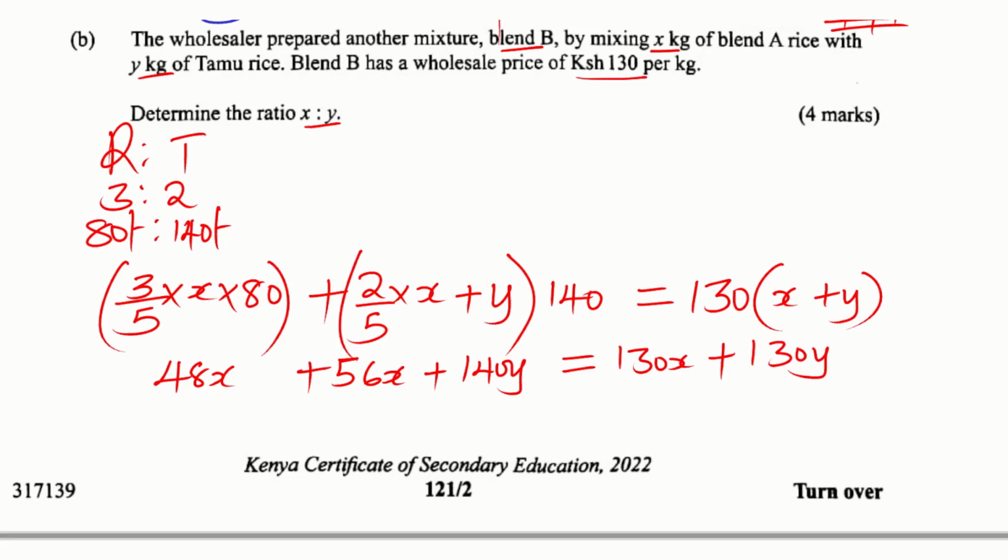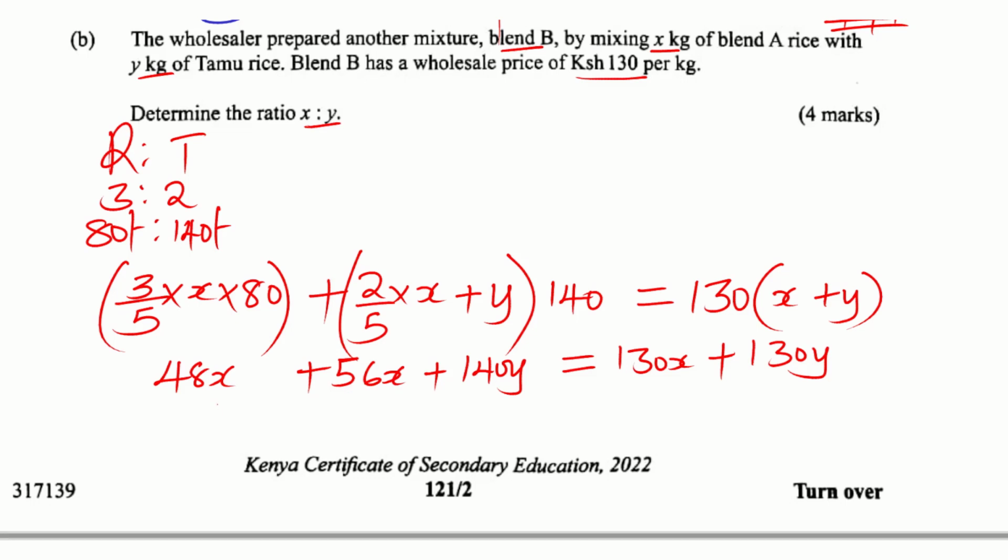From this stage, you just collect the like terms together. You can add 48X plus 56X, and then you bring all the X terms together to the left hand side. So 48X plus 56X, that is 104X.